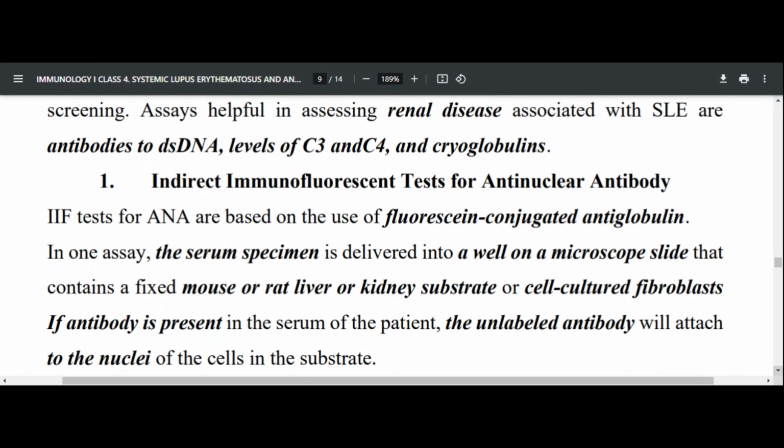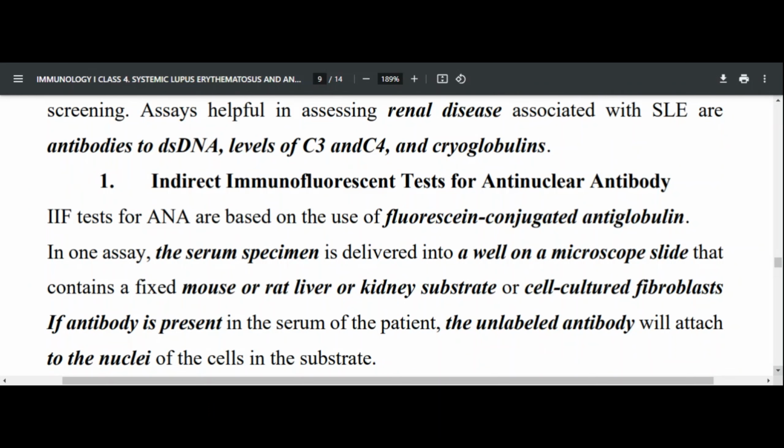Those are substrates, which means they exhibit antigens, and those antigens are substrates for human antibodies. In the serum specimen we expect human autoantibodies that are going to react with substrate antigens, of course nuclear antigens on the substrates.